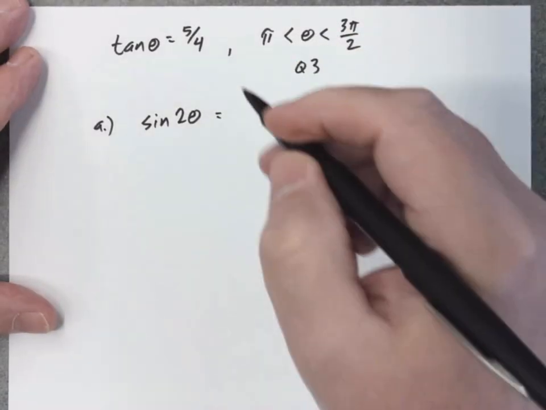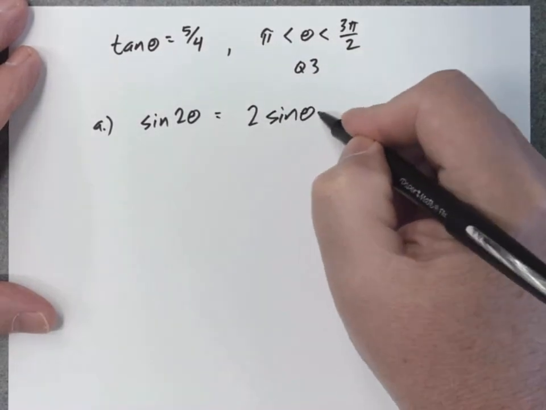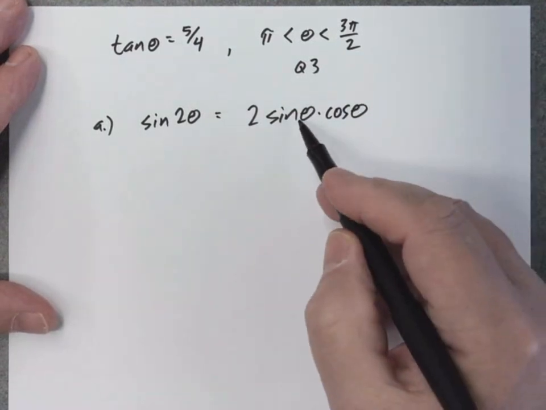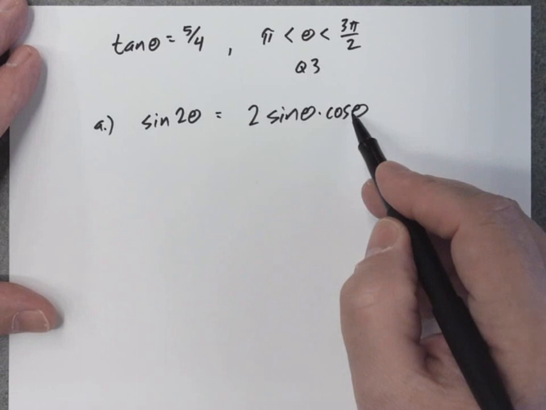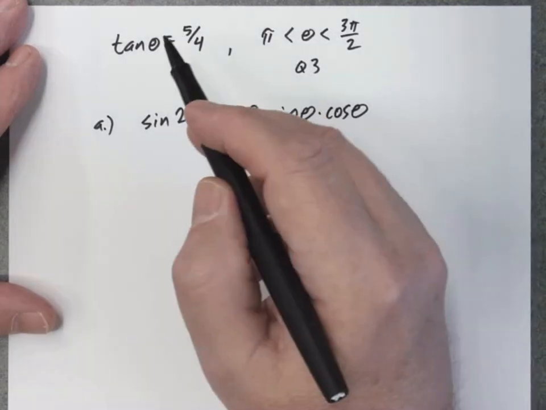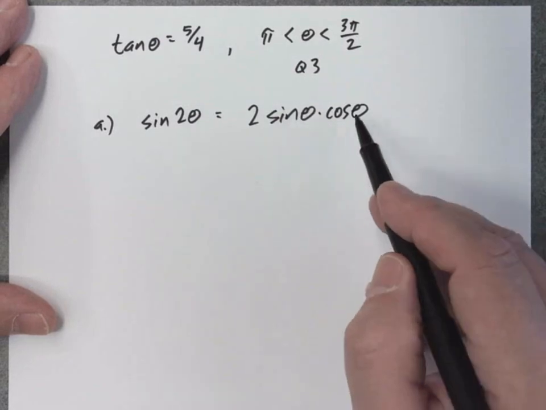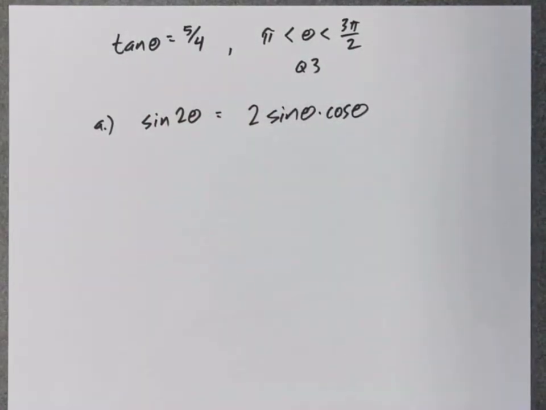If we go to the formula sheet, the key to this formula is that it's in terms of sine theta and cosine theta. So we were given tangent theta. If we can figure out what sine theta and cosine theta are for this angle, then we can plug them in here and we'll have the sine of 2 theta.